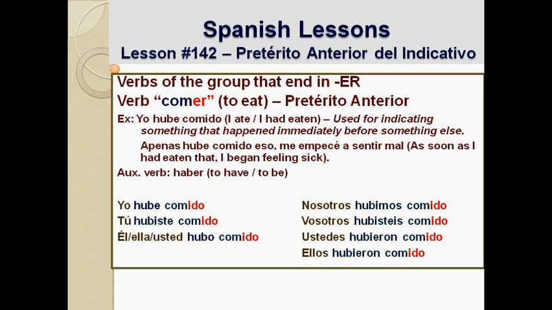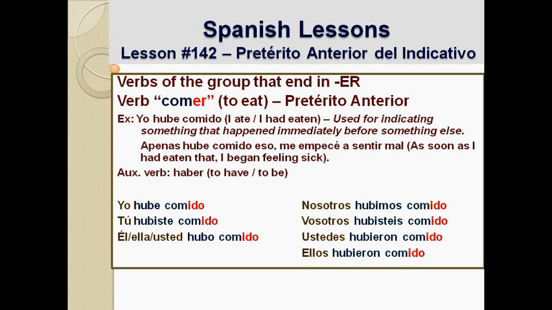Tú hubiste comido. Él or ella or usted hubo comido. Nosotros hubimos comido. Vosotros hubisteis comido. Ustedes hubieron comido. Ellos hubieron comido.